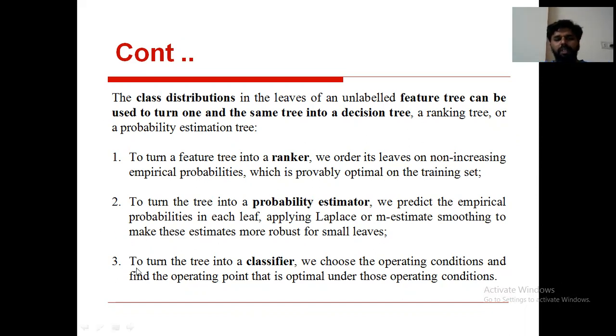And the third important point is to turn a tree into a classifier. We choose the operating conditions and find operating points that are optimal under those operating conditions. Here we need to remember the splitting point. Yes, we know how to arrange the features in the ranking: which feature we need to arrange at the root level, which at the left side, which at the right side, or at the various levels.